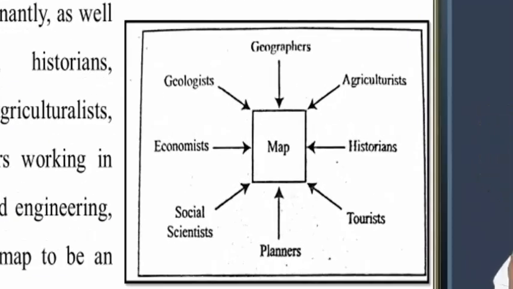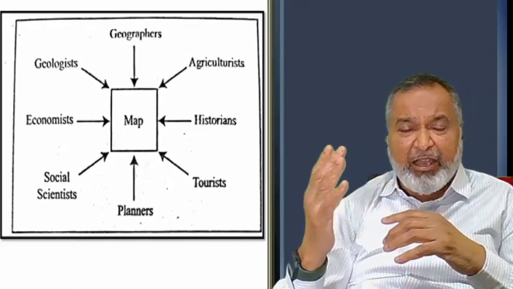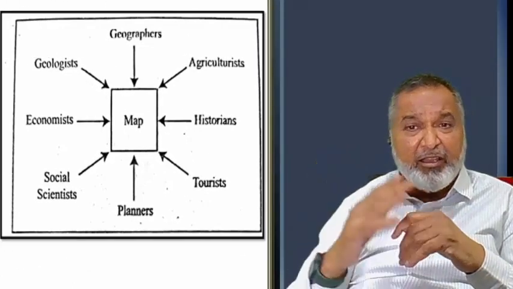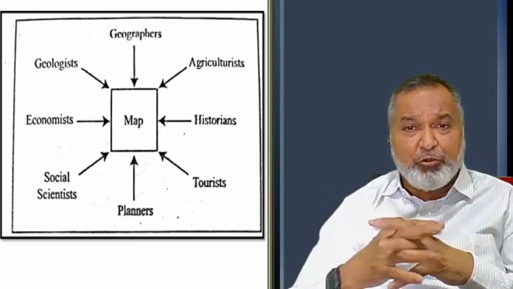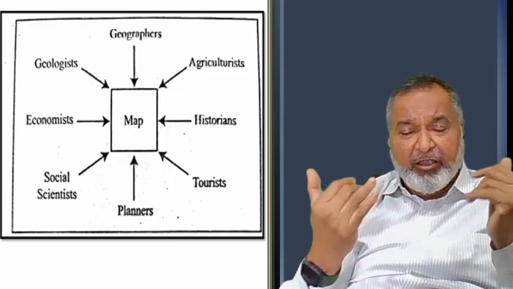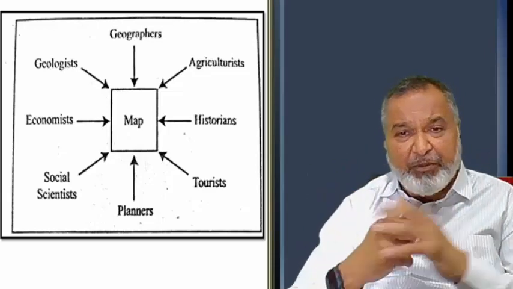So here we can see that the map is required by so many people. We have seen geographers, agriculturists, historians, and tourists going to use it. Nowadays we use GPS in our smartphones too.